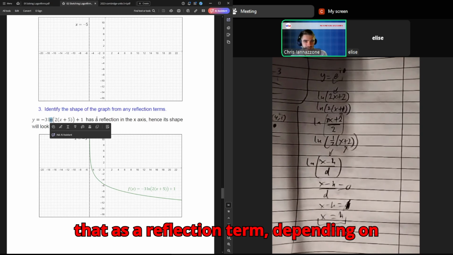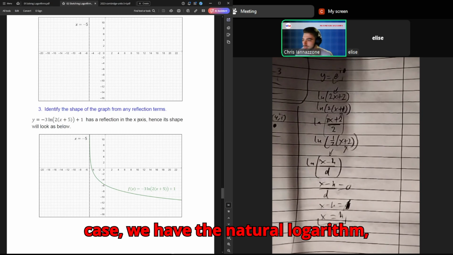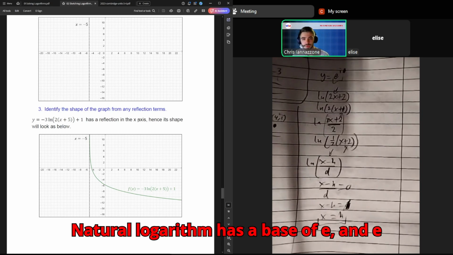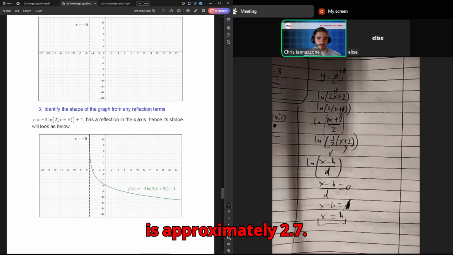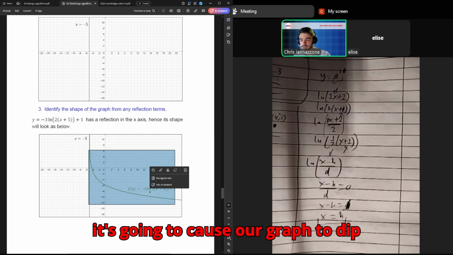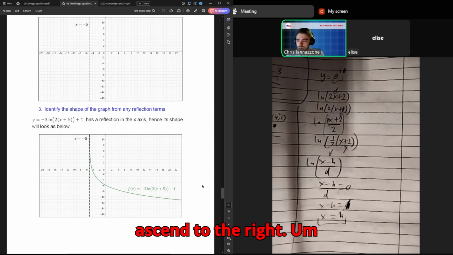You could imagine that as a reflection term, depending on if it's between 0 and 1. In this case, we have the natural logarithm, though, and that is a positive base. Natural logarithm has a base of e, and e is approximately 2.7. But we do have a reflection here, and so it's going to cause our graph to dip to the right and down, as opposed to ascend to the right.